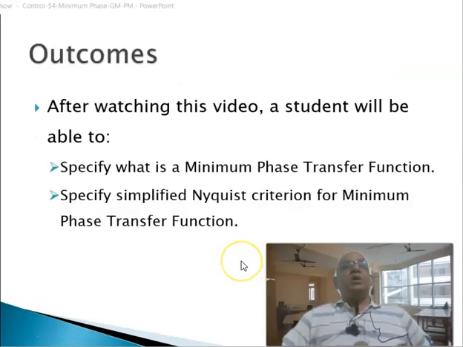As a prelude to all that, we will try to define what is a minimum phase transfer function and how the Nyquist criterion simplifies in the case of a minimum phase transfer function.